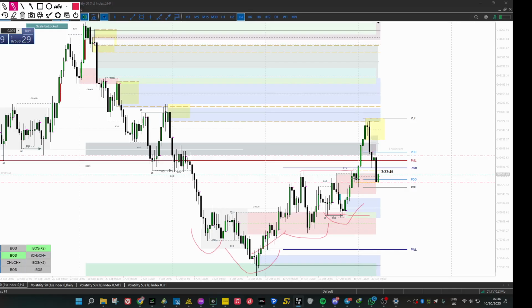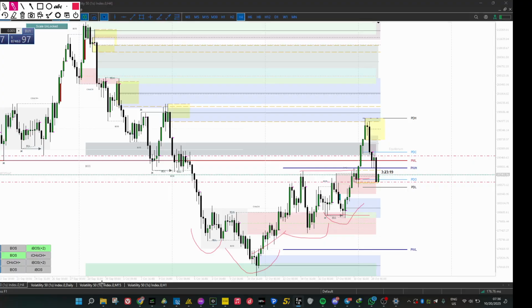So we opened up here, and the first target for me was this high, then this one, then this one, as I said. So we traded up, and there were some beautiful entry opportunities here until we made it up into the week and the daily, and it is now this 4 hour order block or supply zone that we hit.